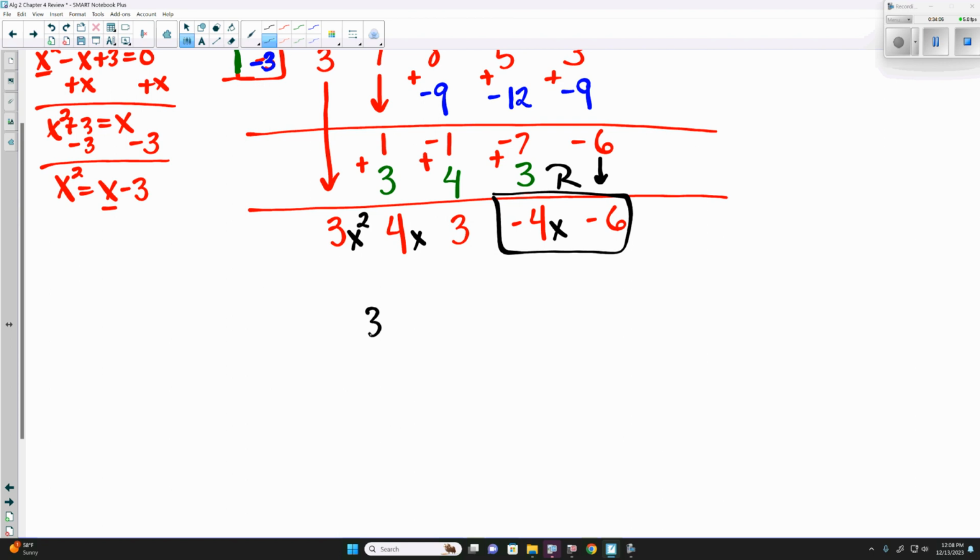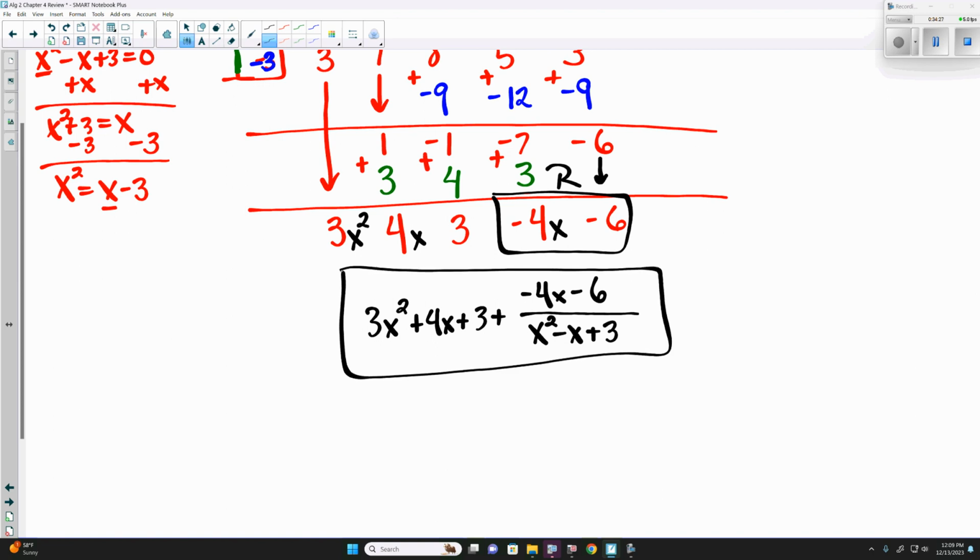So our final answer is 3x squared plus 4x plus 3 plus, we have to put the remainder on top of the fraction, negative 4x minus 6, over what we were dividing by, our x squared minus x plus 3. So this here is our final answer.